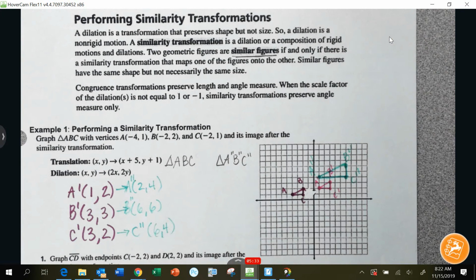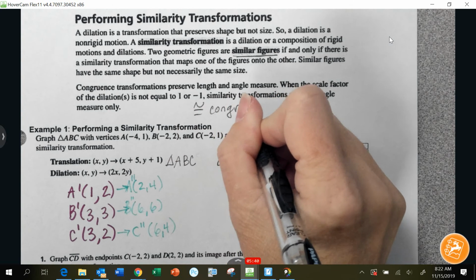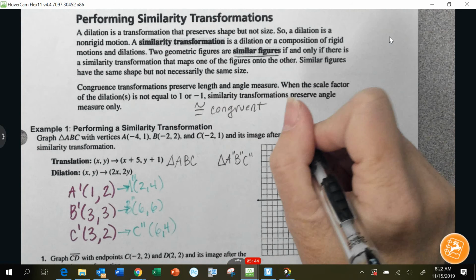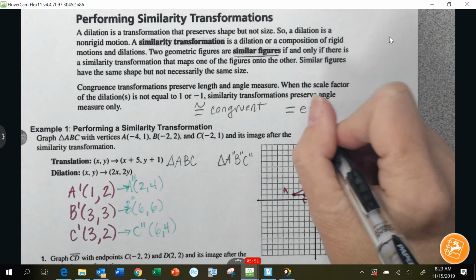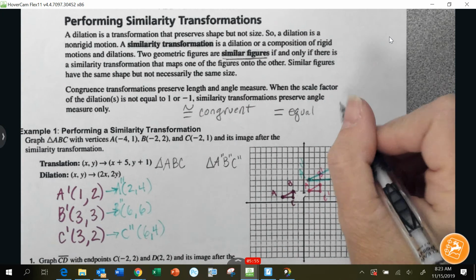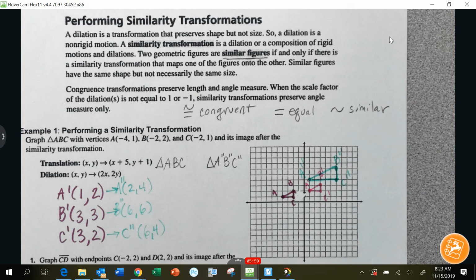So the symbol, we know that this means congruent, right? Do you know what this means? Equal. So similarity is this. Similar.